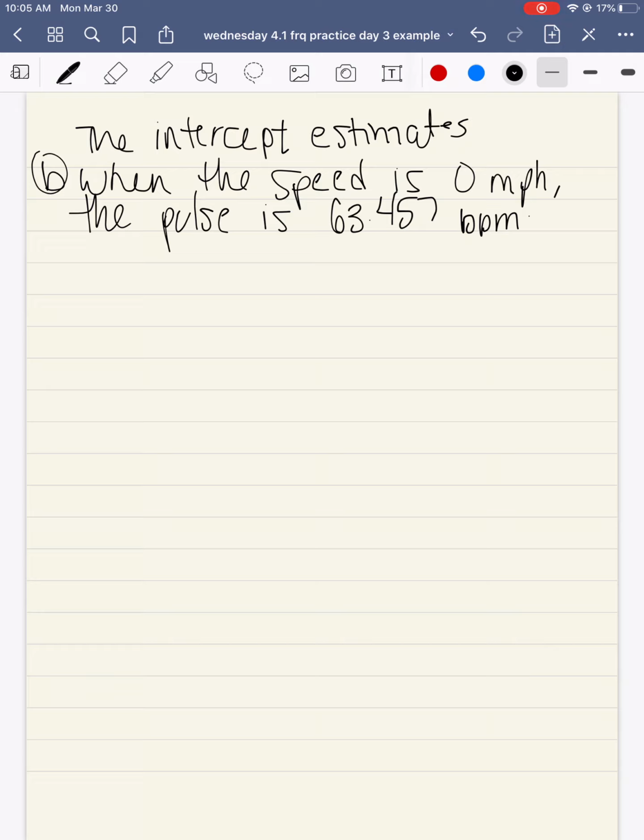Now the slope. The slope estimates that as our x increases by one value, our y increases by the slope value.